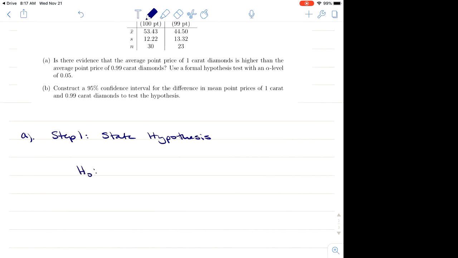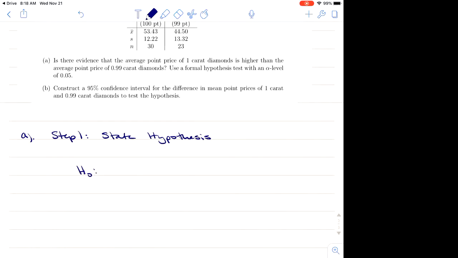And so on your formula sheet, H0 is mu1 equal to mu2. That's what you're going to have, unless you prefer to do mu1 minus mu2 equals 0, that's fine too. But I'm going to just use mu1 equals mu2.